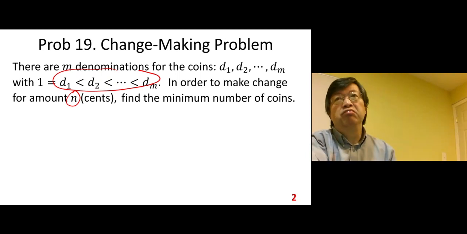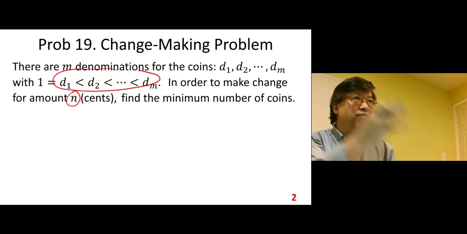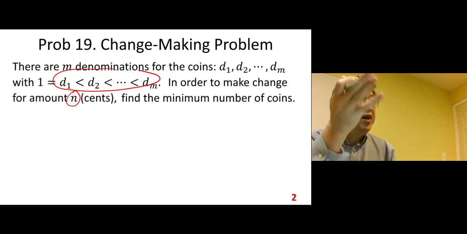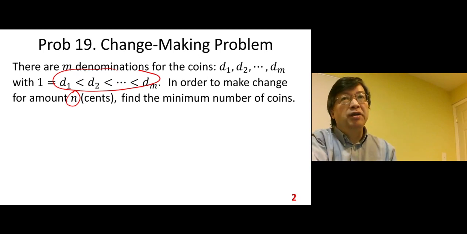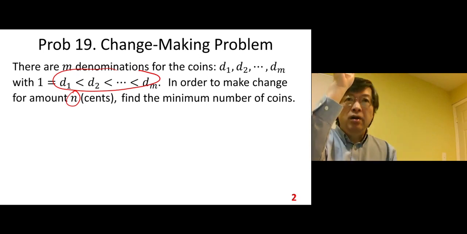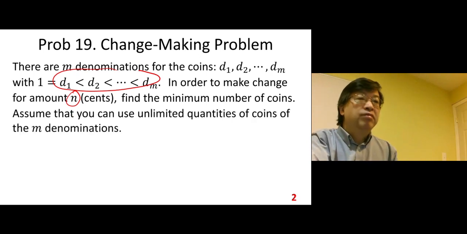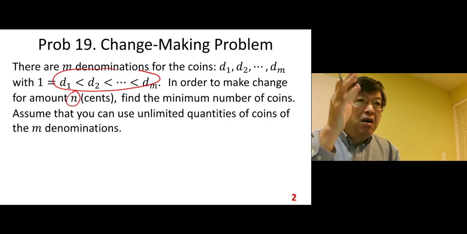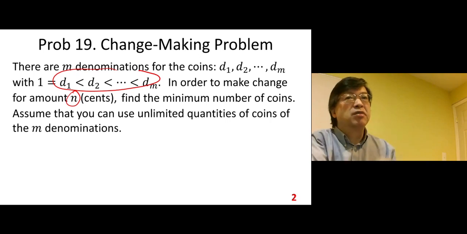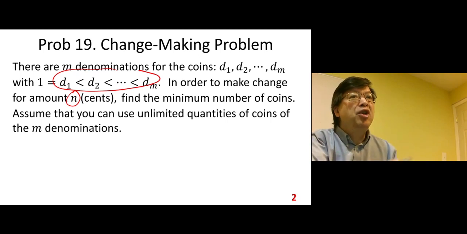There must be such an optimal solution, because you only have a finite number of solutions. Definitely you can find one with the minimum number of coins. Assume that you can use unlimited quantities of coins of the m denominations.